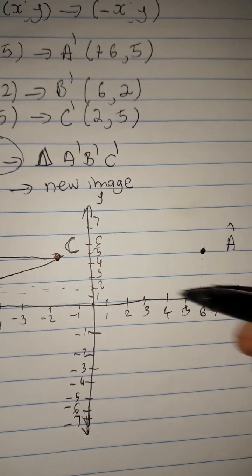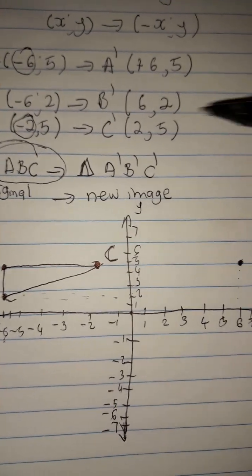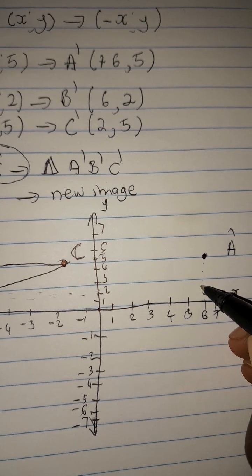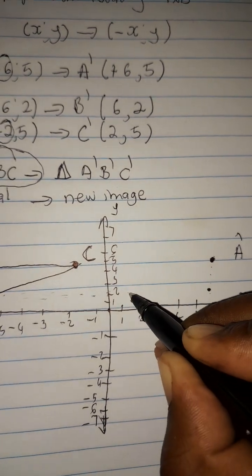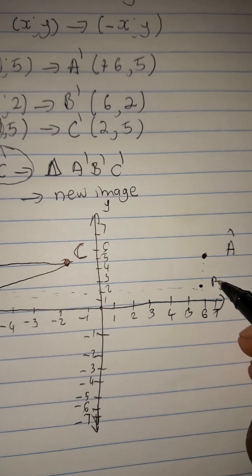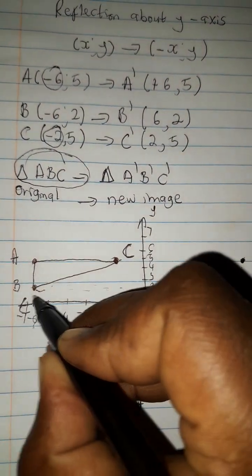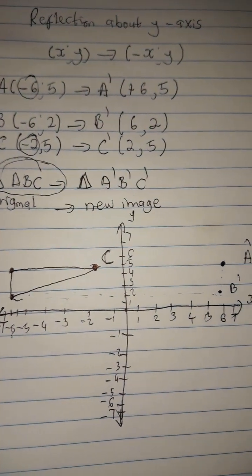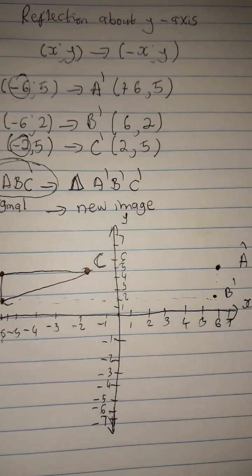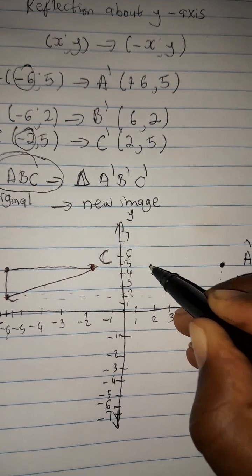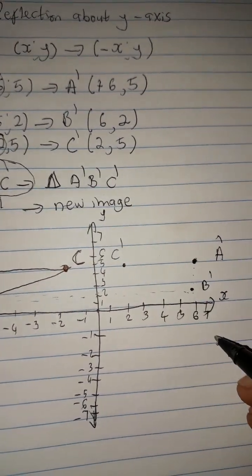Let's go to B: 6 and 2. So that's B prime. Even B, they're at the same distance. What about C? We're given 2 and 5. Therefore, that's C prime.